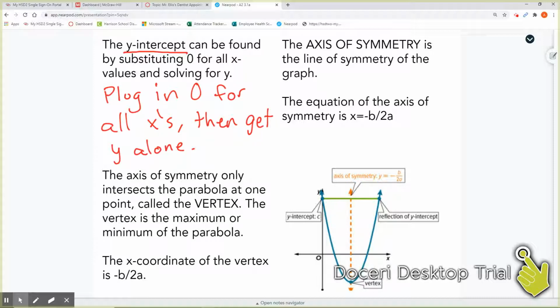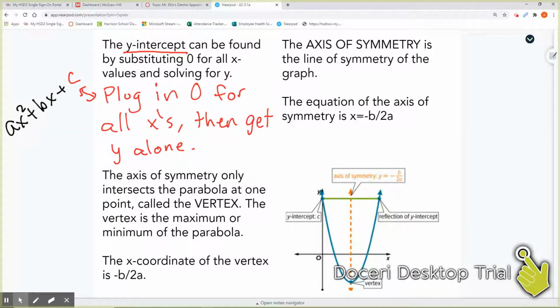This will give you your y-intercept, or it will tell you where our graph touches the y-axis. In our equation, ax squared plus bx plus c, the c value is actually always going to be our y-intercept. So sometimes it'll be negative, sometimes it'll be positive, but both of these are good ways to find your y-intercept.